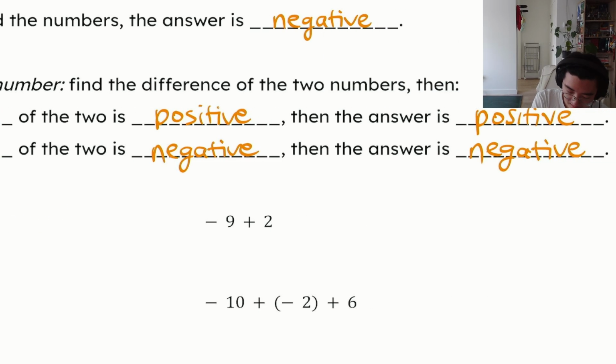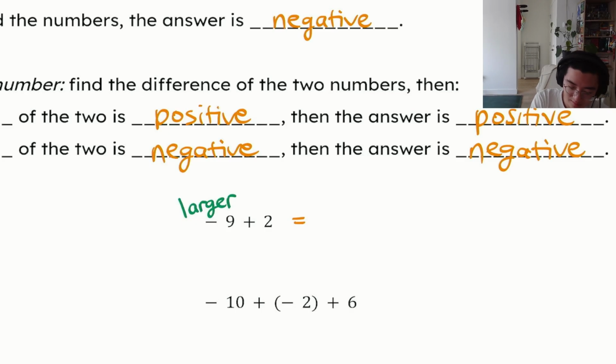In this question, we have a negative number and a positive number, -9 and then +2. Now we notice that the bigger of the two is -9, because 9 is bigger than 2. So all we have to do is take the difference. We subtract the two numbers and make sure the answer is also negative.